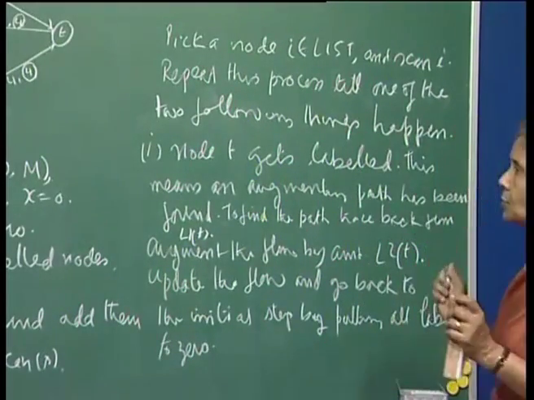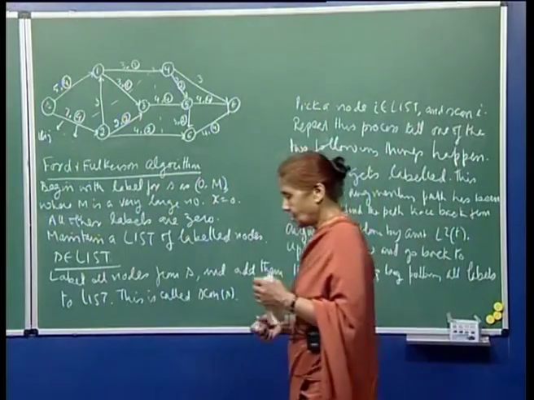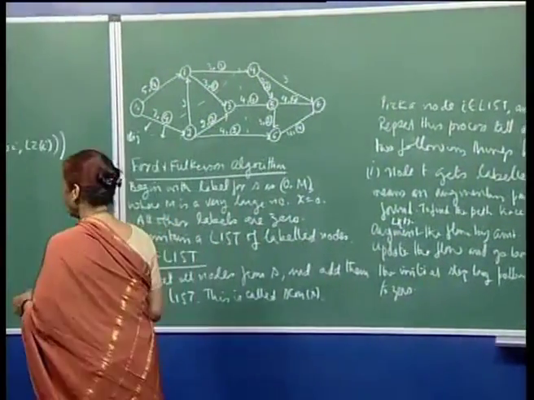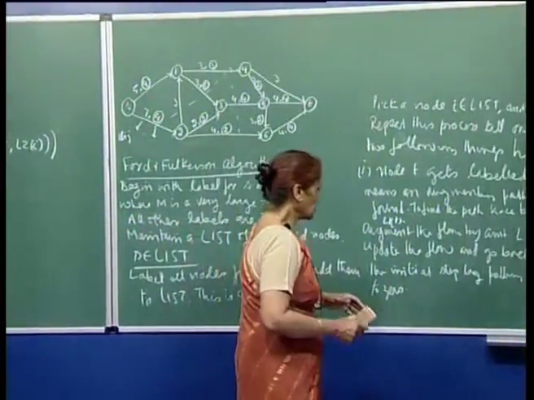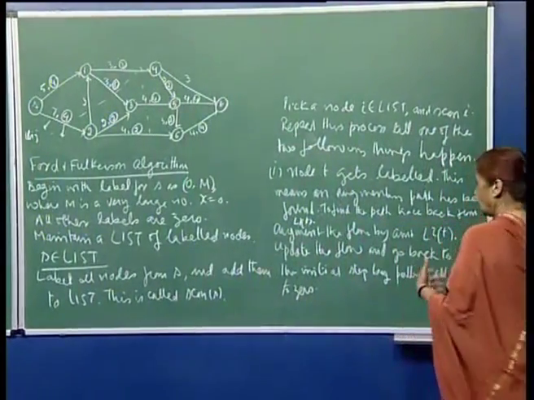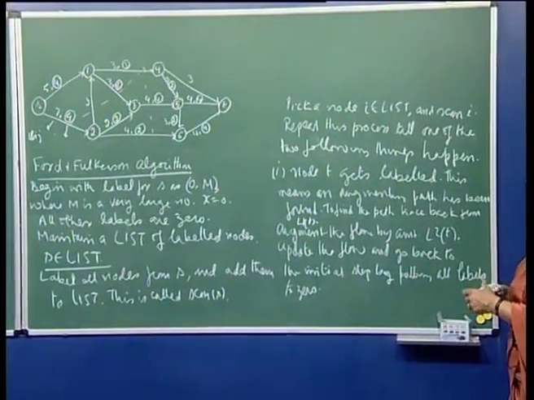So all that work you did in the first iteration is not going to be used at all. You will need to start labeling the nodes again and again find an augmenting path.